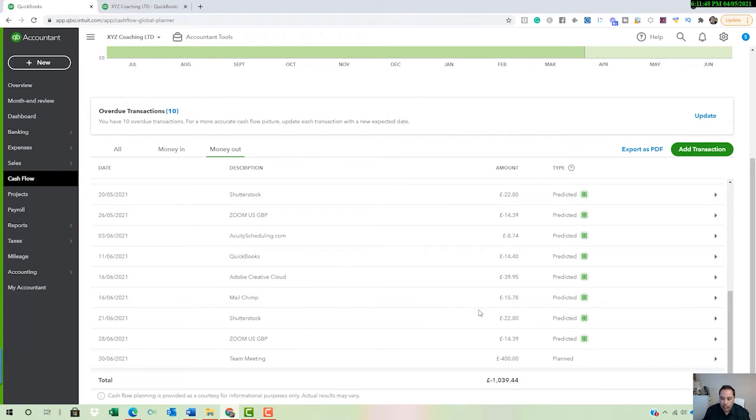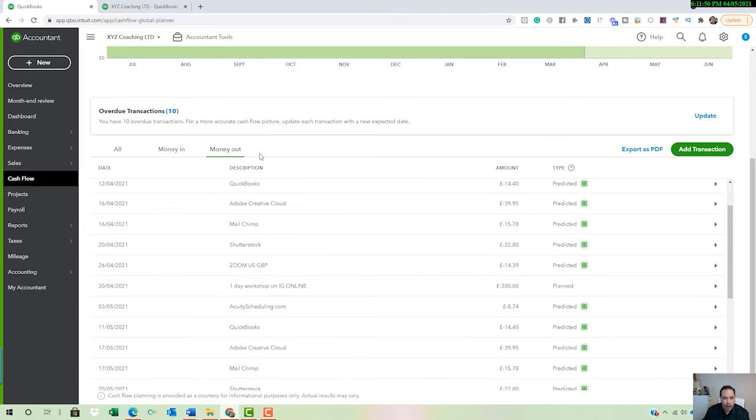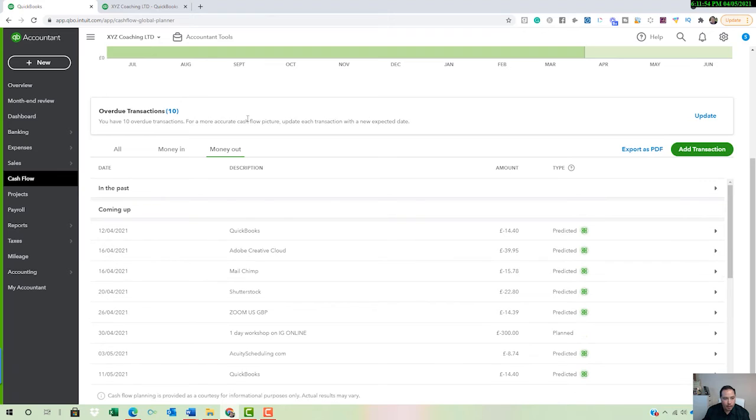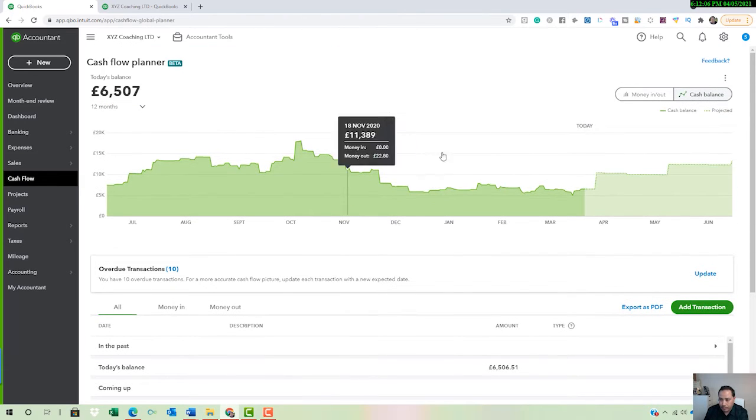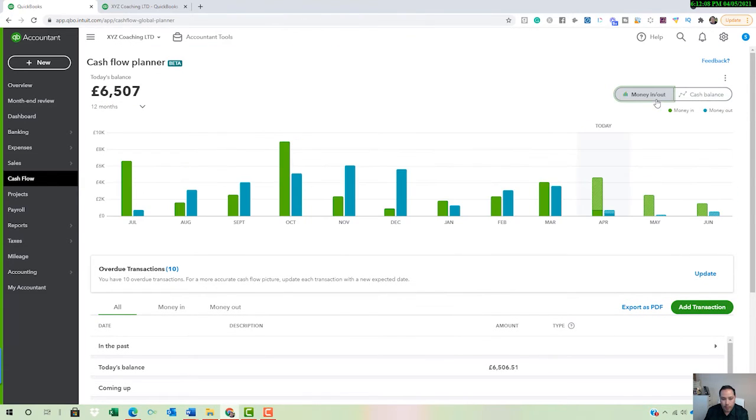So that's how money in and out works, and that's what the prediction and plan mean. That's how you go about navigating the cash flow planner section in QuickBooks Online, and now you understand the difference between money in and out.